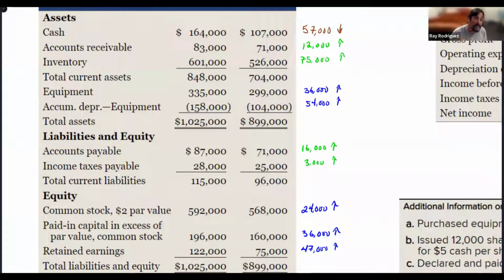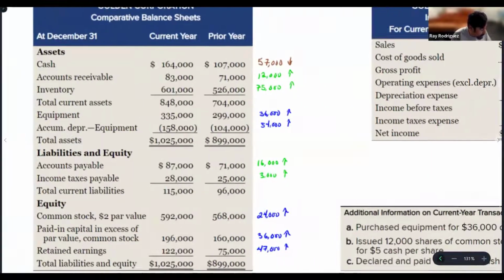But the current assets and the current liabilities are operating, so I gave that one color. And everything else I gave another color. That's going to be financing and investing. And we can see that here if I just go through and label. Accounts receivable is operating. So is inventory.